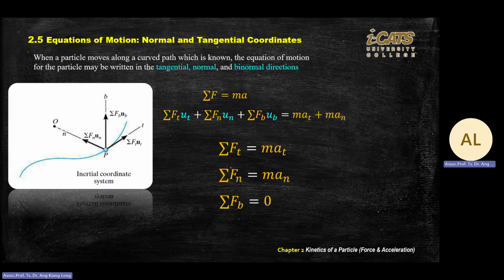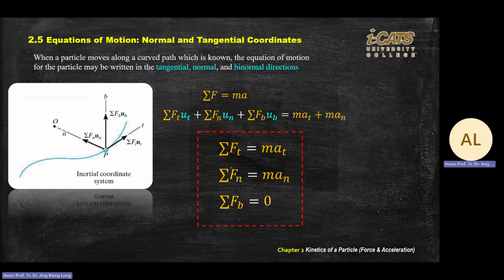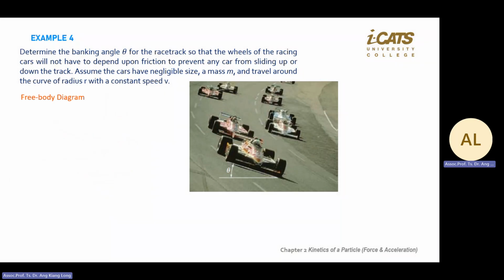Fb equals 0 because it's a 2D planar question. Fb equals 0 means you have a 2D problem to solve. So, okay, just observe how we solve. You have a scenario where the object is tilted at a certain degree and moving out of the screen.